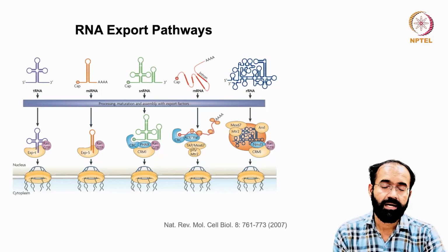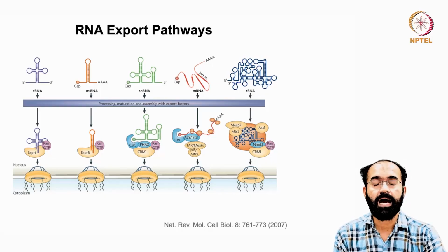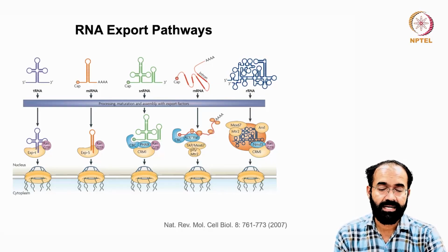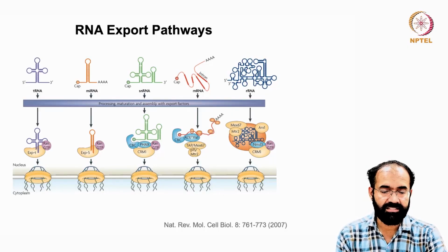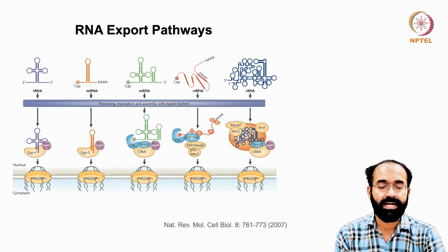So we should understand this cargo protein complex: depending upon which species is being transported, it will have a dedicated exportin associated with it. This is the nuclear pore complex, and what you see downwards is the cytoplasm. Based on the nature of the RNP that is formed or assembled, accordingly it will pass through the nuclear pore complex.